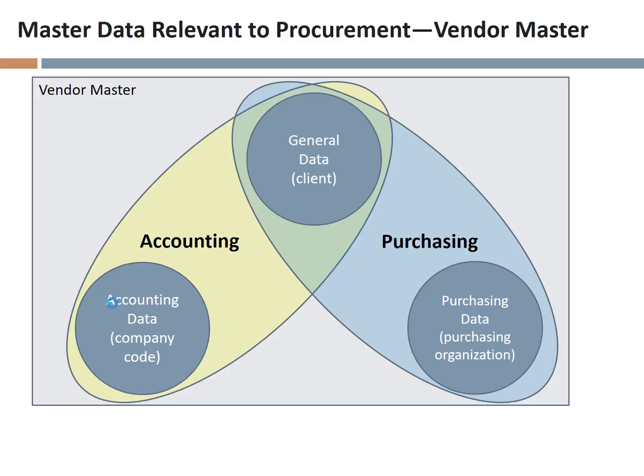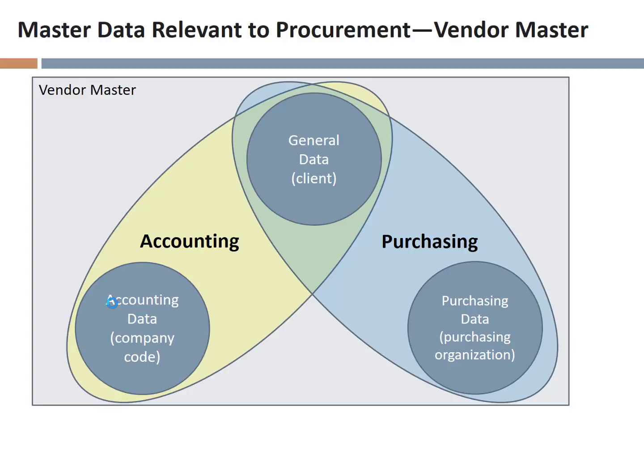When we look at a particular vendor master record, depending upon the company code, we're going to see different accounting data. The accounting data here, of course, is what we owe that particular vendor in terms of accounts payable, and then transactions that we have concluded with them but still show up in our accounting records. Accounting is focused on money.